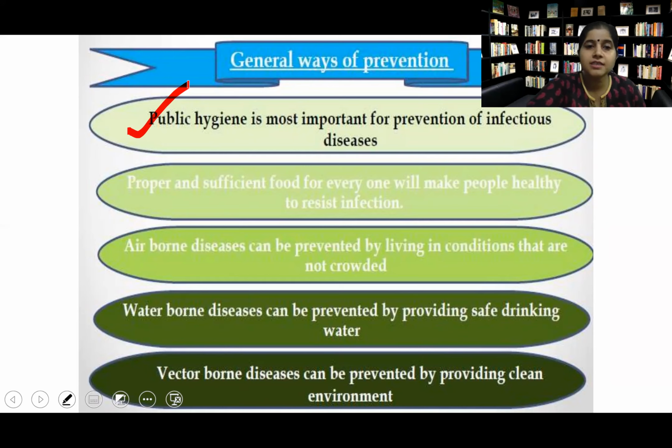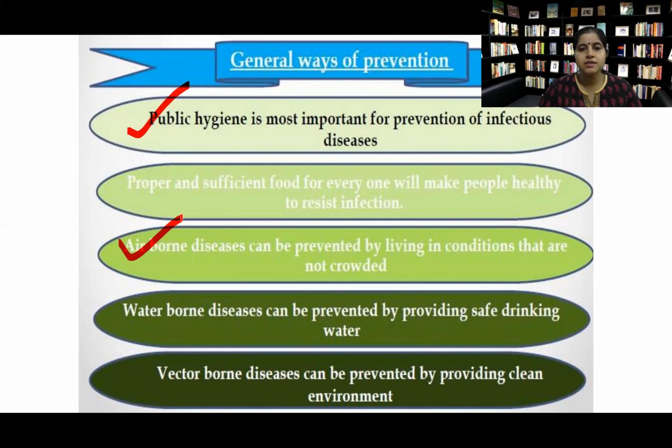And third, airborne disease can be prevented by living in conditions that are not crowded. Airborne disease, as you all know, spreads by the air. So we should not go to places where a crowd is present. By these ways we can reduce the spread of infectious diseases.